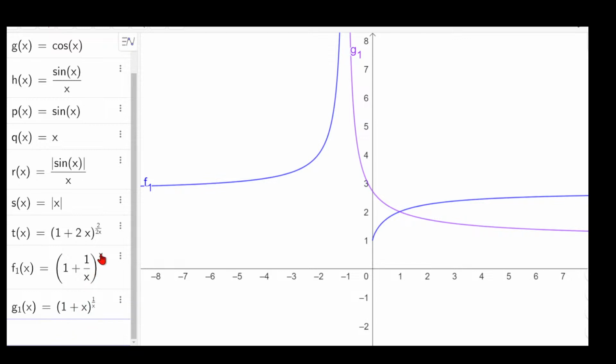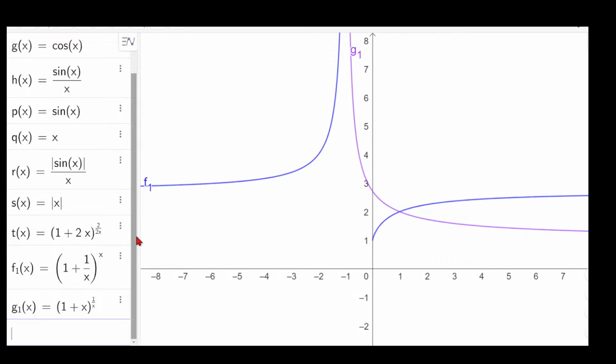Now x becomes 0. This function is not even defined, right? When x tends to 0, what will this become? 1 plus 1 by 0, that is infinity power 0. This function is not even defined, so there is no question of continuity.